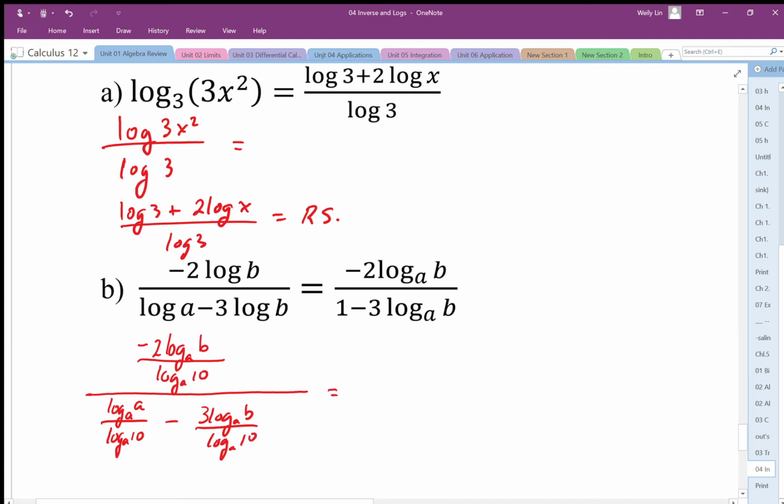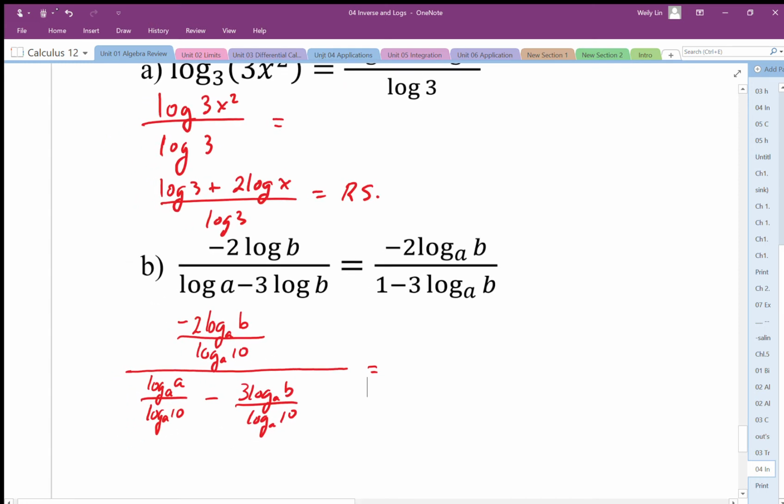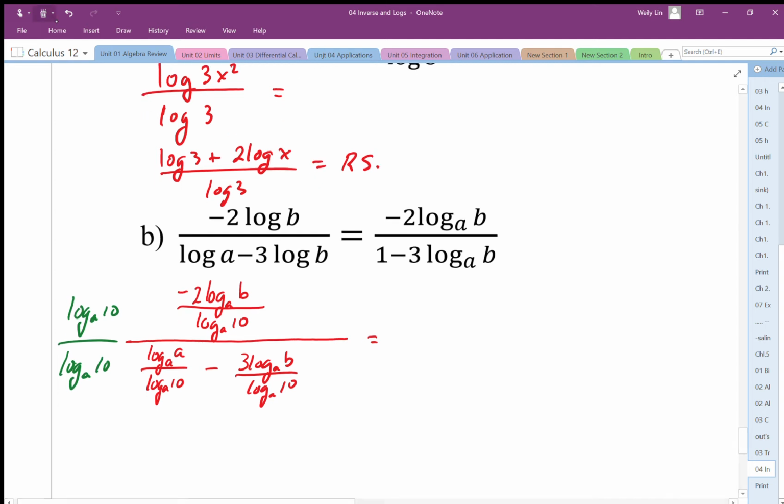Everything seems to match except for these divide by log base A of 10s. I can get rid of those because every term is divided by log base A of 10. So I'm going to multiply the top by log base A of 10 and the bottom by log base A of 10, and that will cancel out all those denominators.